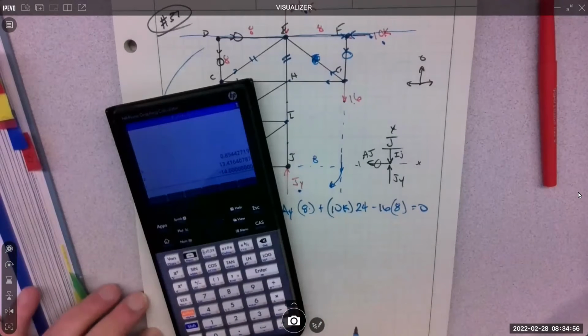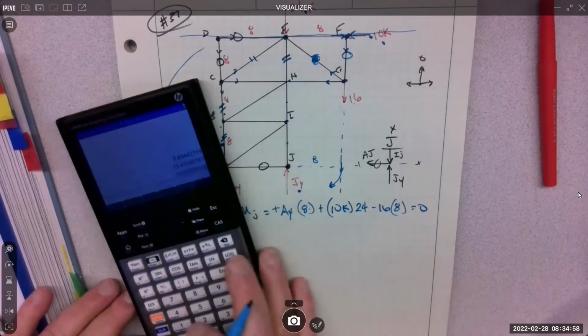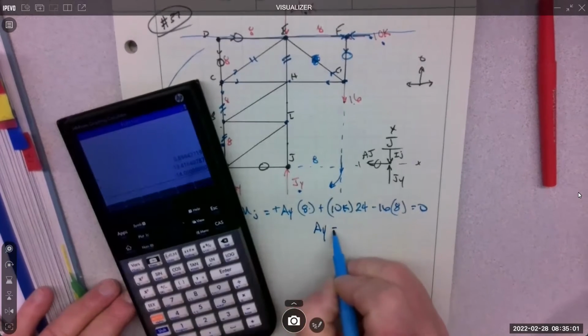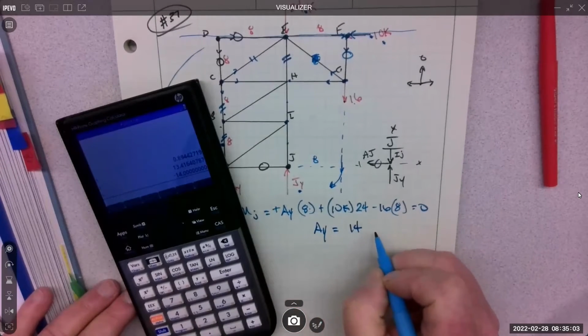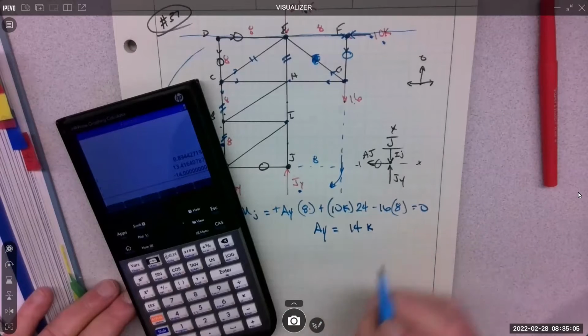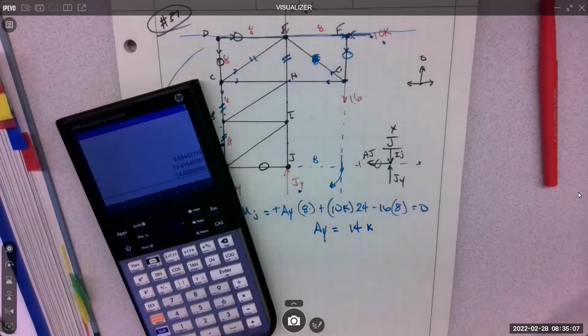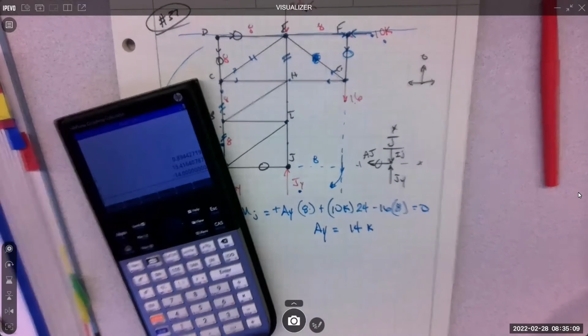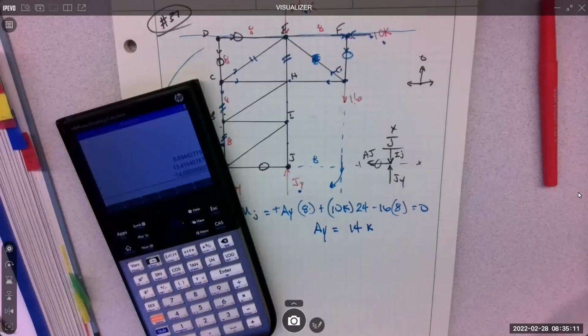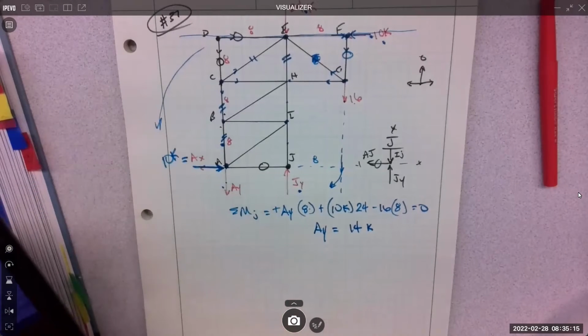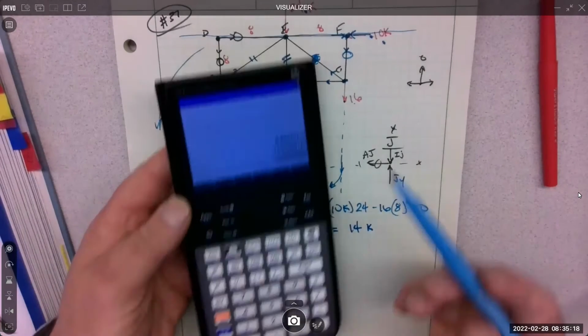I get 14. Confirmed. AY equals 14. Did you get plus or minus? Yeah, so I get a negative 14.